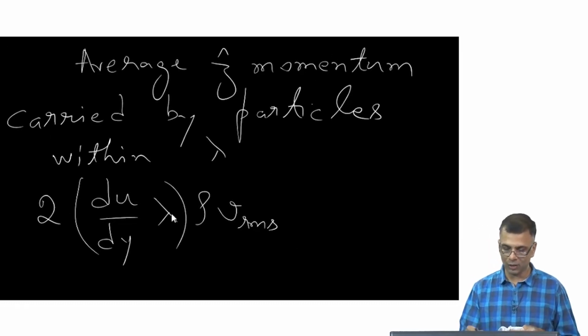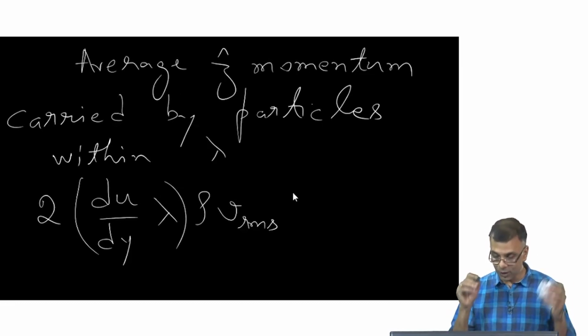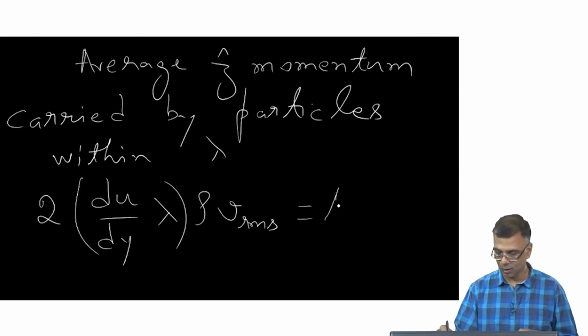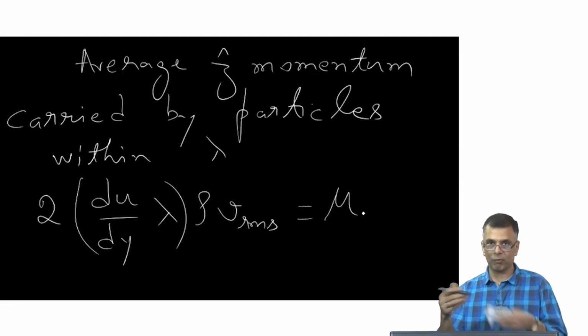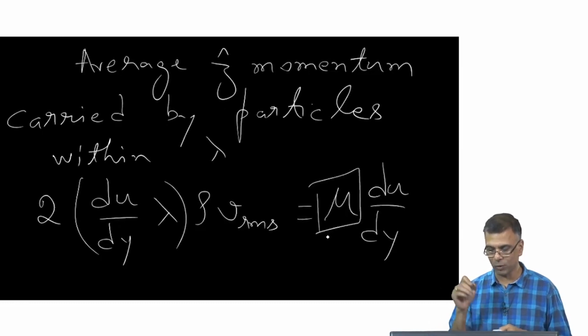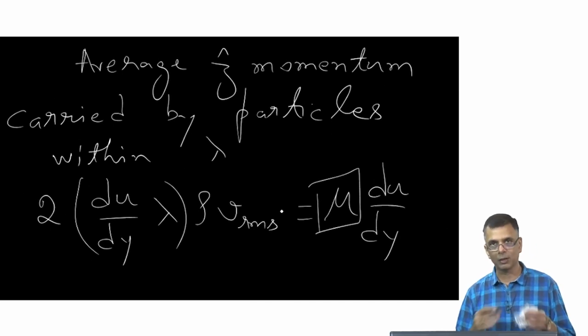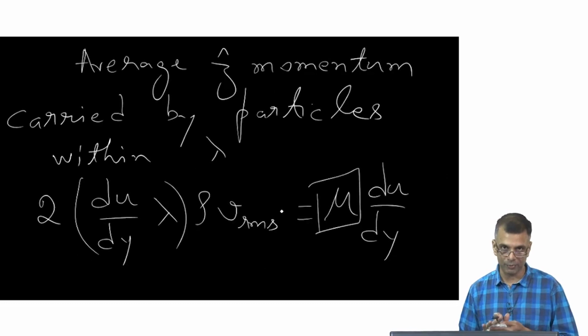The average z momentum carried by particles within one mean free path is this, and this is the net particle flux. And the shear stress by definition is equal to mu du dy. This is how mu is derived from the microscopics, from things like the RMS velocity of the particles that constitute the fluid. Okay.